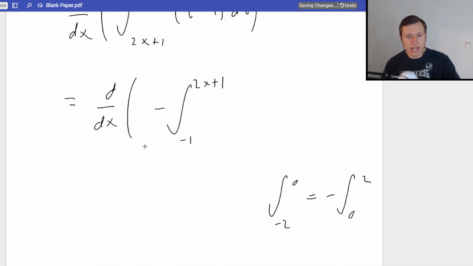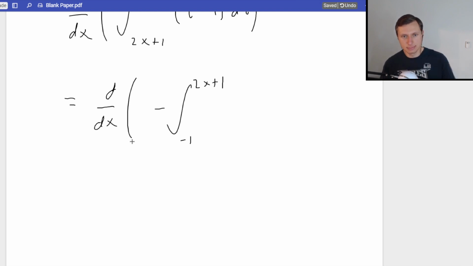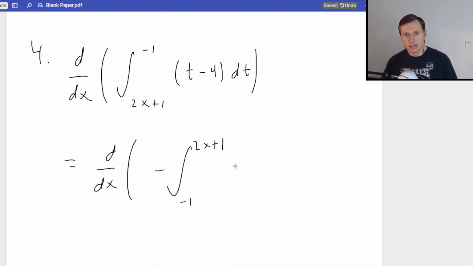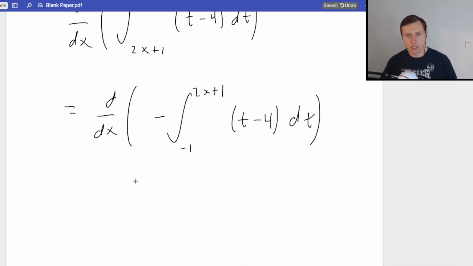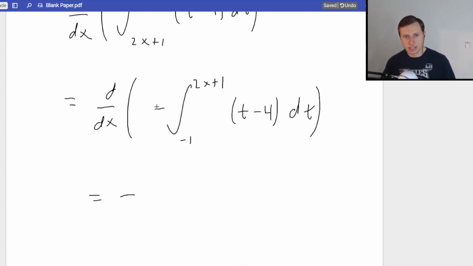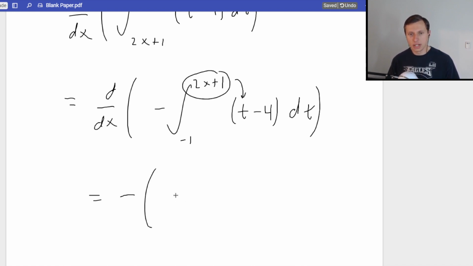Okay, so once we get to this position, now we're in the form we want to be in. And I'm just going to write a negative sign out in front because this negative is acting as a coefficient. So I'm going to replace t with what? I'm going to replace t with 2x plus 1. So negative quantity 2x plus 1 minus 4 stays the same.